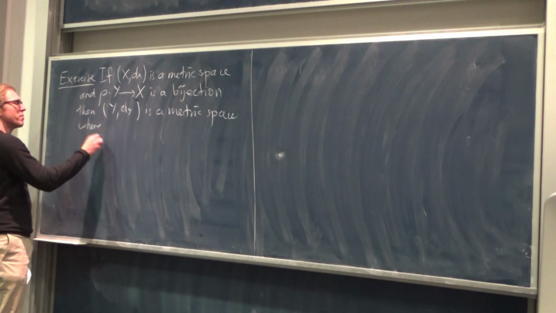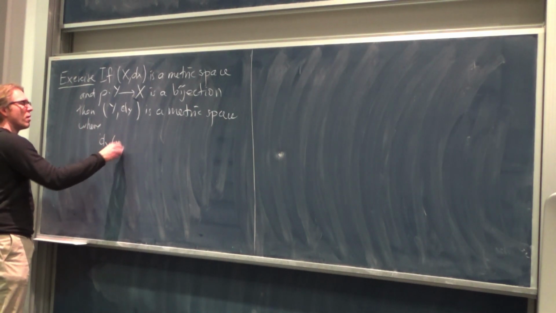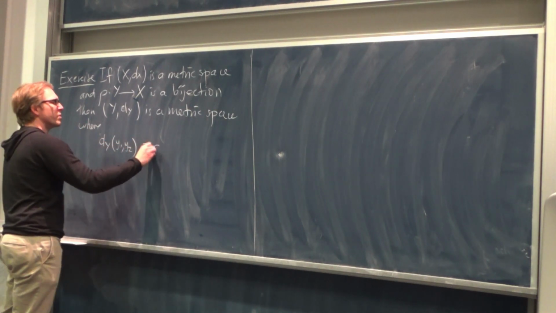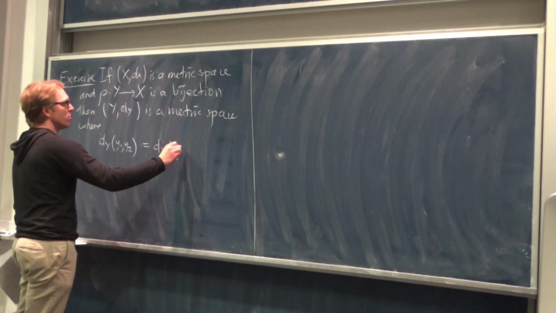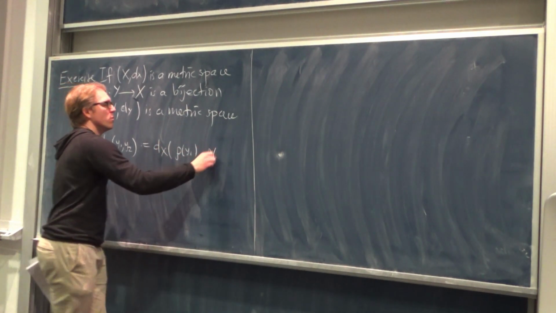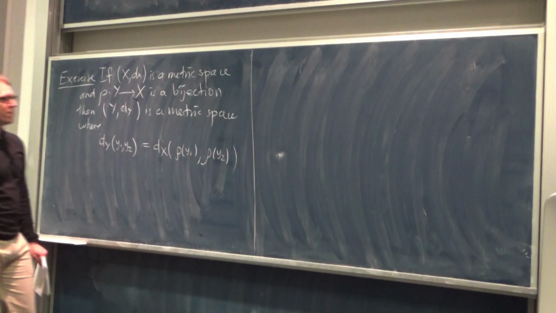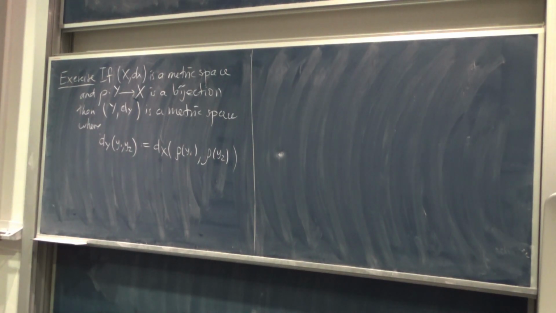That is, I would define the metric d_Y(y1, y2) to be the distance between rho(y1) and rho(y2). Okay, so check that that's a metric, that's an exercise.